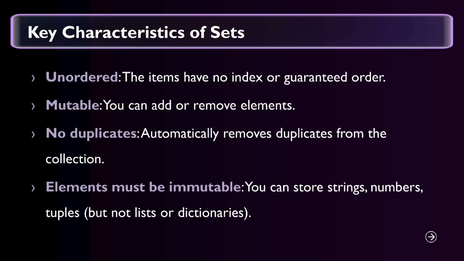You can store data types like strings, numbers, and tuples, but you cannot store lists or dictionaries because they are mutable and not hashable. These are the four fundamental characteristics of Python sets, making them powerful tools for data management and mathematical operations.